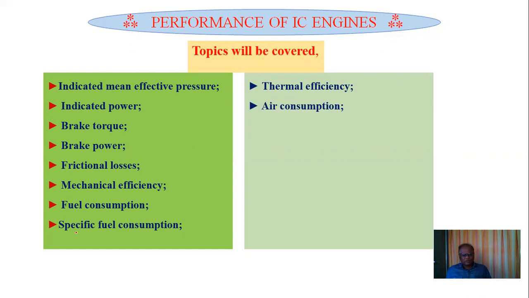To burn the consumed fuel, air is needed. How much air is required for complete combustion of the fuel inducted into the cylinder? Taking the ratio of this fuel to the air gives the air-fuel ratio. Then volumetric efficiency. The volume inducted will not always be equal to the swept volume of an engine, because the piston sucks the air-fuel mixture through the inlet manifold.